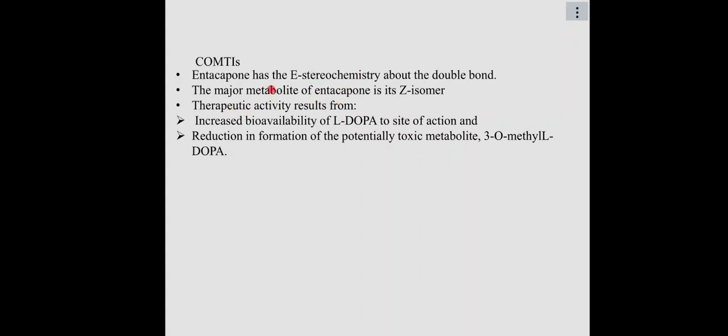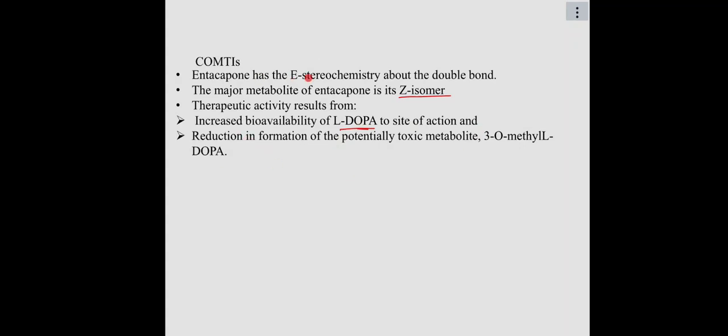Entacapone has the E stereochemistry about the double bond, and the major metabolite of entacapone is its Z isomer. So again, an inversion of the isomer, and when you have that, sometimes you also lose activity. Therapeutic activity results from increased bioavailability of L-DOPA to the site of action, because of course it's not being metabolized.